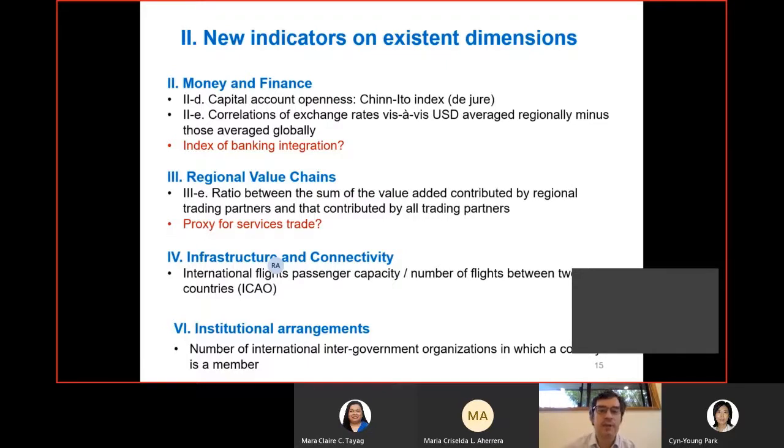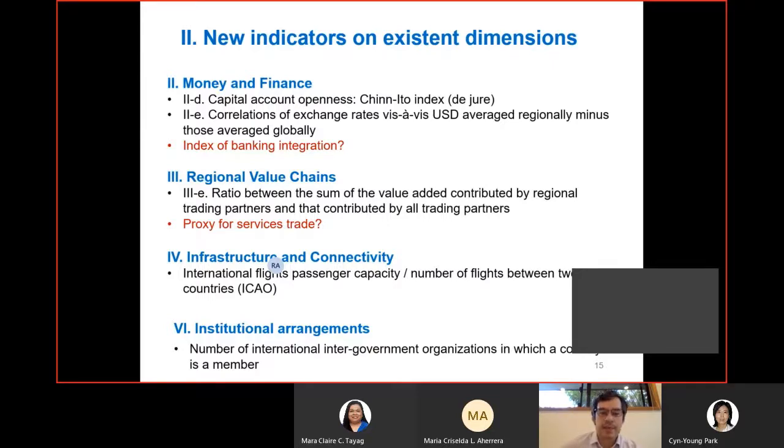And the second one is the correlations of exchange rates vis-a-vis the US dollar, which we intend to capture the level of financial integration within the countries once you have isolated the correlation with the dollar. We will explain some of this also later. We are also considering some variables that capture the banking-based systems in some of the countries. And for this, we have explored some of the indicators related to banking integration.